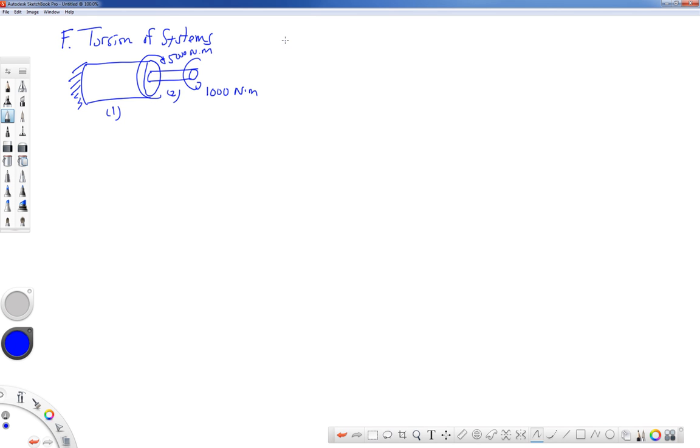Now we know our general formula for the angle of twist is an integral along the length of the bar of T over I sub p G dx. And it's very similar to what we saw for the deformation for a bar in tension, where we had an integral along the length of the bar of F over AE dx. And in fact, these are very analogous.